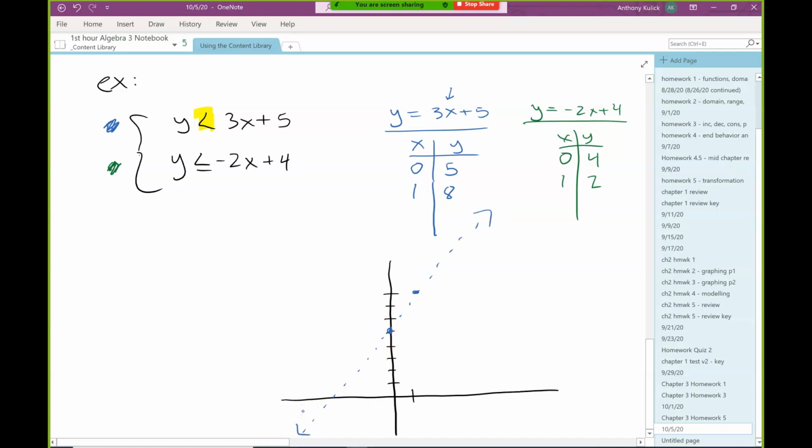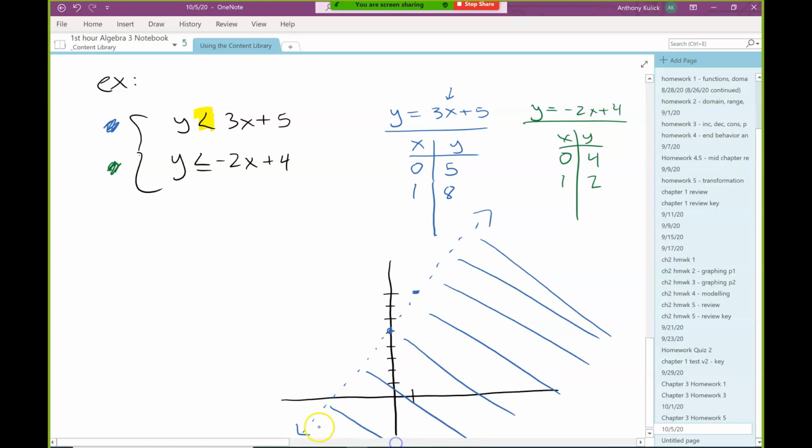And if it's a less than or a less than or equal to inequality, do I shade above the line or below the line? Below. These are the same rules that we had for last chapter, right? So there's my shading. Now I'll graph the other one.